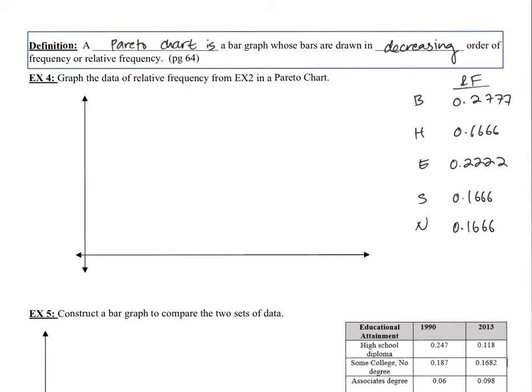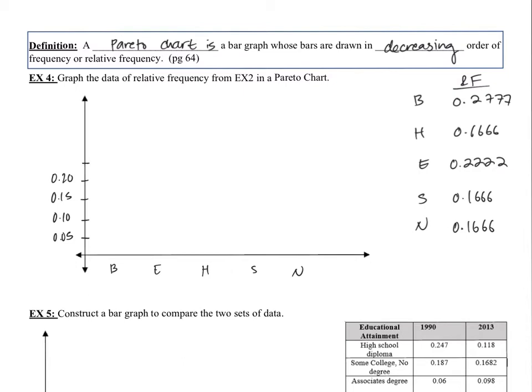Okay, decreasing order. So the biggest one we see first is going to be back. After that, the next one is elbow. And then finally, the hand, shoulder, and neck are all about the same. We can go ahead and use the same tick markings as previously, so the 0.05s.